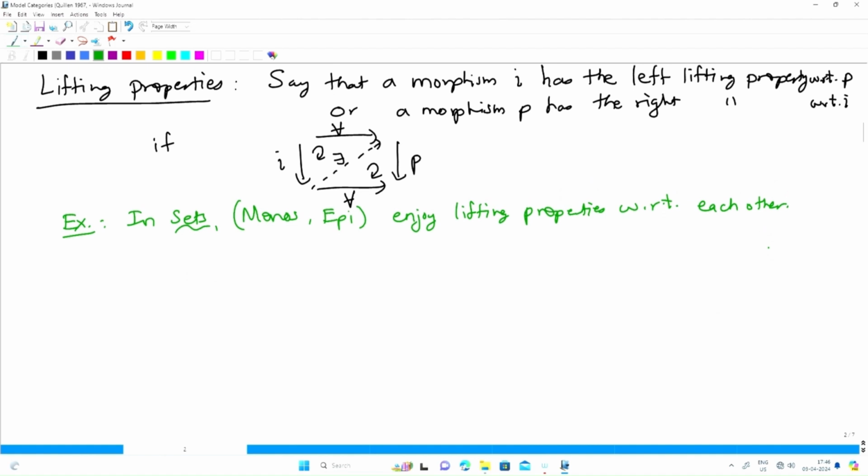So these are the lifting properties, and if this diagonal filler is unique, then we say that I and P are orthogonal to each other.